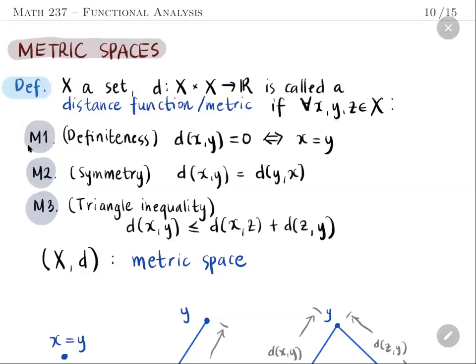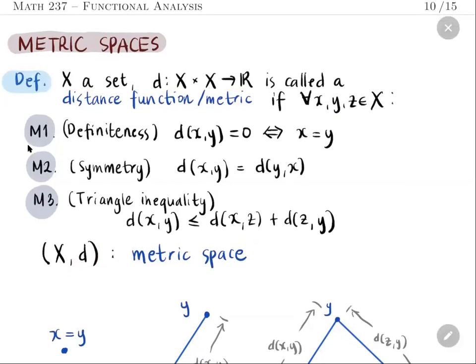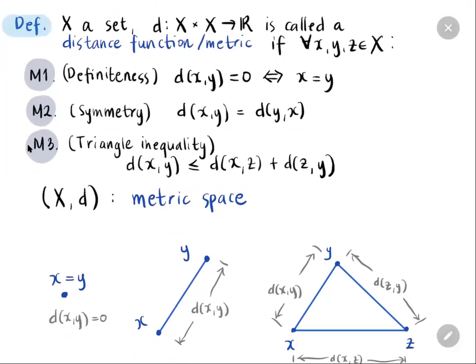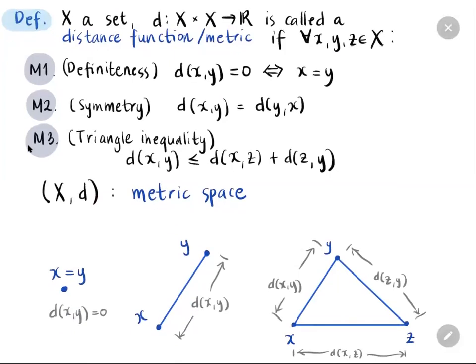So these three properties, M1, M2, and M3, in fact coincide with our intuition of what a distance should be. To illustrate this, in the case of the Euclidean plane, definiteness means that your distance is 0 if and only if there is no movement, meaning the initial and the terminal points are the same.